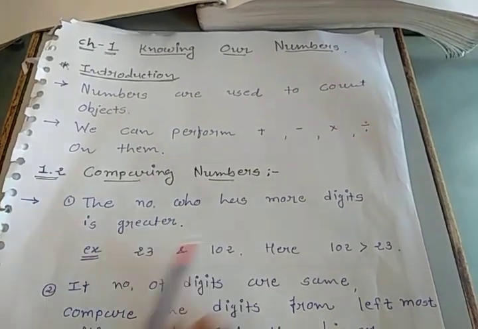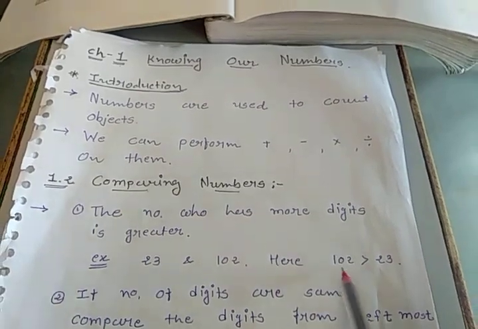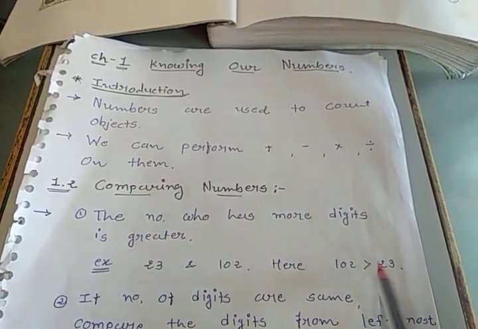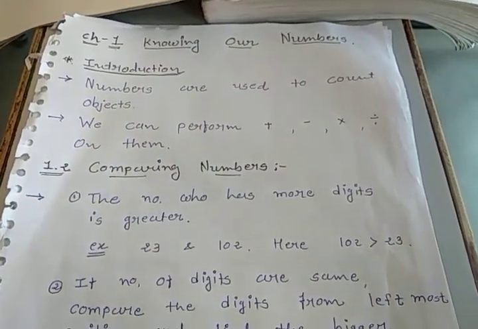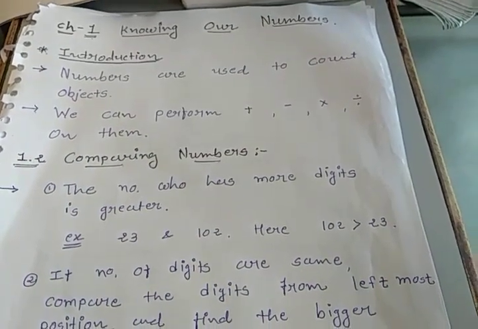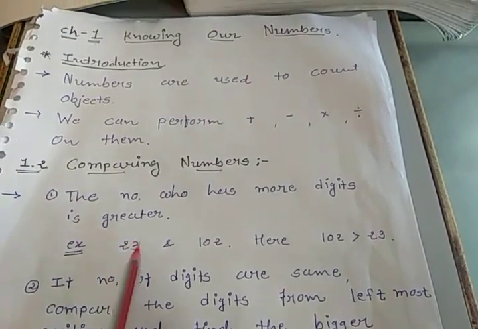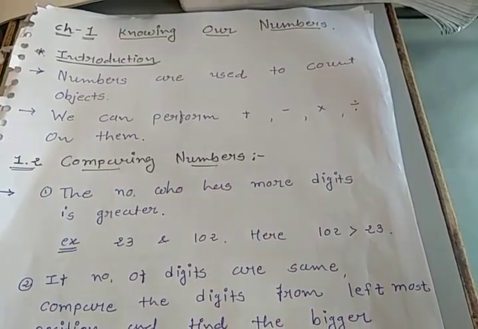Which has more digits? 102. That's why 102 is a greater number than 23. Clear? So that way you can compare numbers: those which have more digits are greater and those which have fewer digits are smaller.